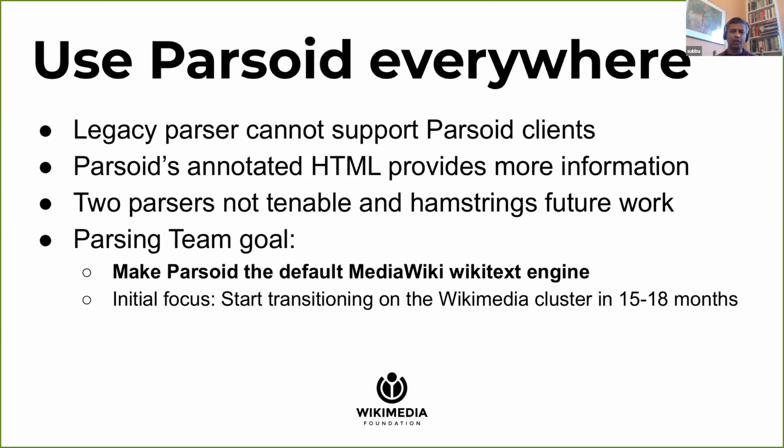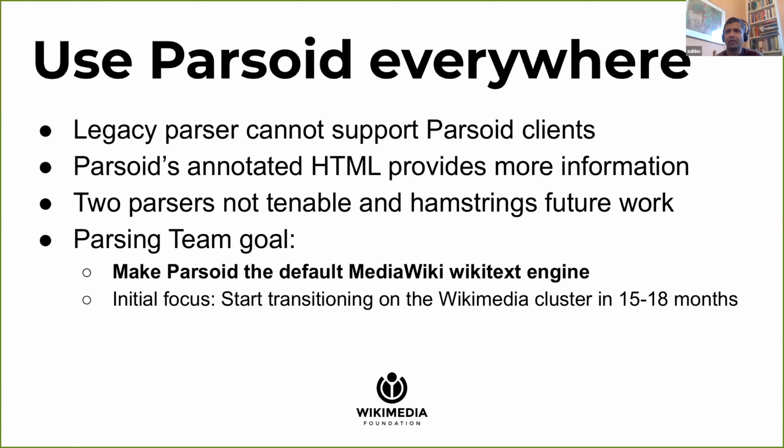The broad parsing team goal is to make Parsoid the default MediaWiki Wikitext engine. This is going to happen in a series of steps. It's not going to happen all at once. The first step, and that's our focus right now, is to start transitioning this on the Wikimedia cluster, maybe in the next 15 to 18 months. That's probably an optimistic timeline.